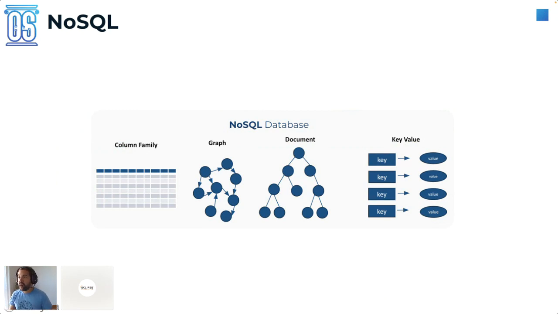Then document, where the structure looks like a JSON or XML file. And finally, graph, where the main idea is to do recommendations for you. So the structure looks like a graph where I have several relationships. With a relational database, I have just three options: one-to-one, one-to-many, and many-to-many, in a single direction. With the graph database, first, I have two directions.